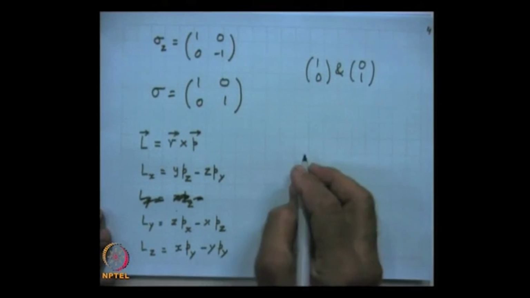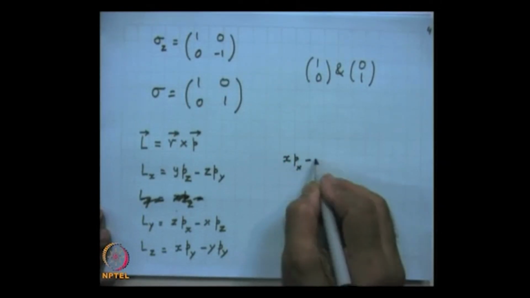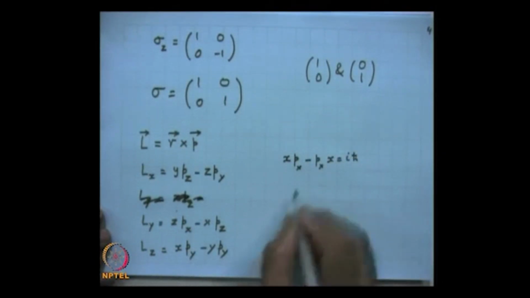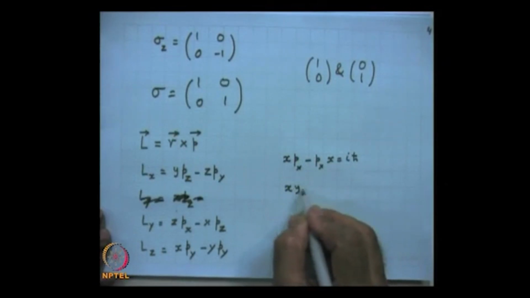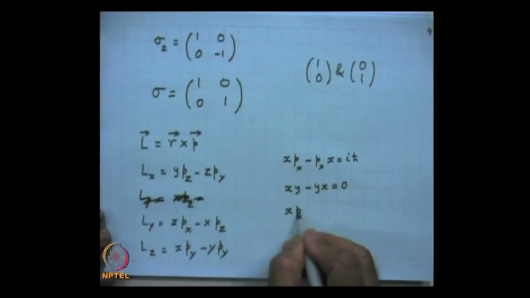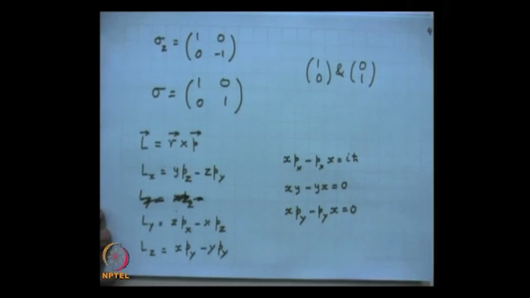However, we must be very careful that x and p x do not commute. X p x minus p x x is equal to i h cross. On the other hand, x and y commute, x y minus y x is 0, and x p y minus p y x is also equal to 0.